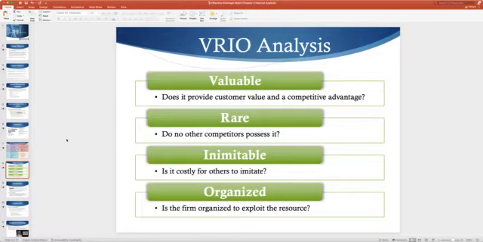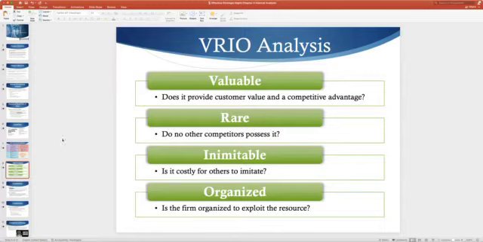Inimitable. Is it costly for those competitors to obtain that resource, both tangible and intangible, or the capabilities that you have? And then lastly, organized. Is the firm in a position where it can exploit those resources and capabilities?